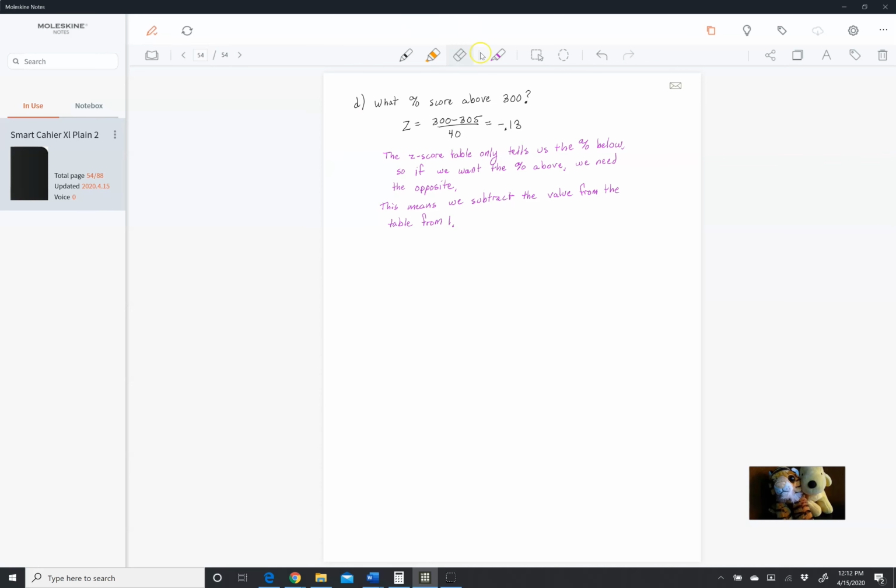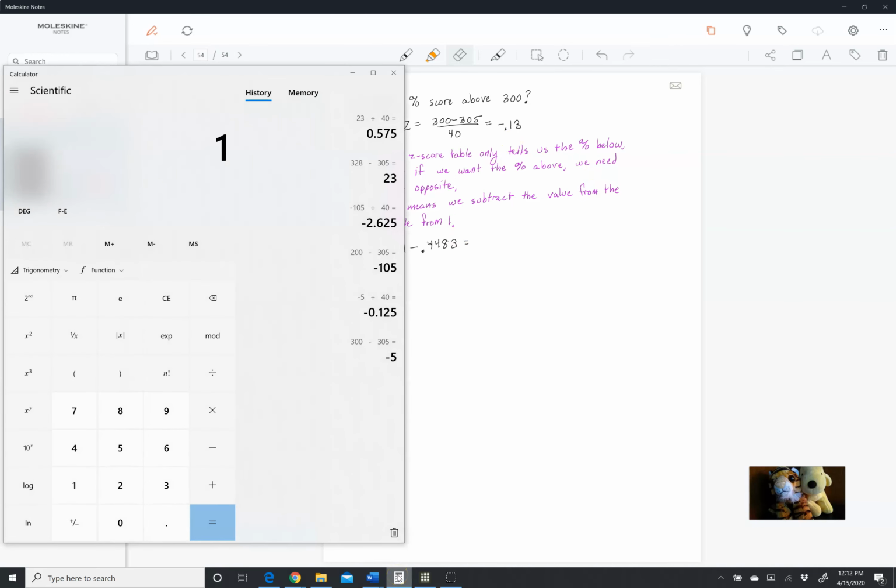So in other words, if we go back, we found that number to be 0.4483. So we're going to do 1 minus 0.4483. What we're saying is if almost 45% score below a 300, then a little over 55% are going to score above 300.